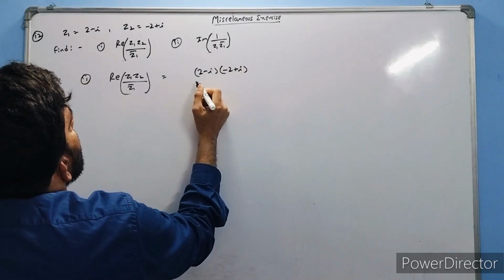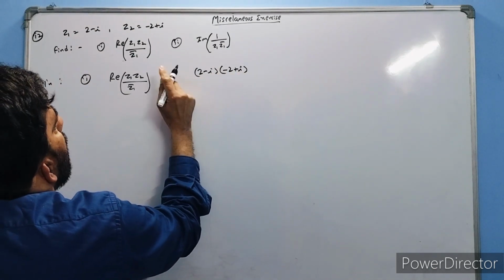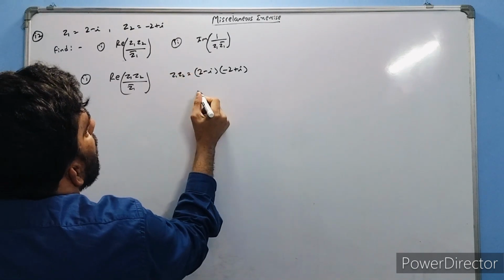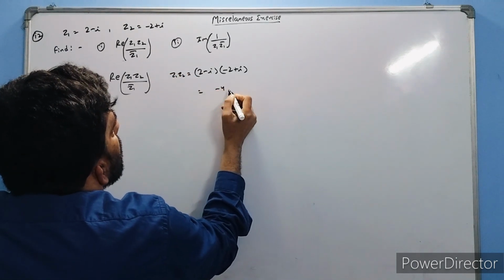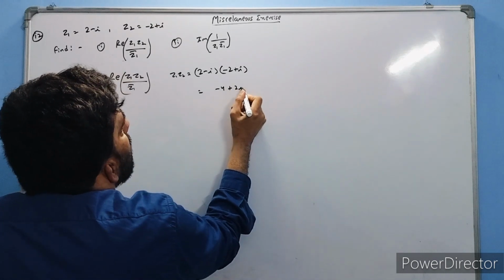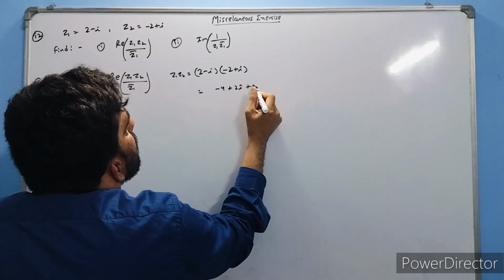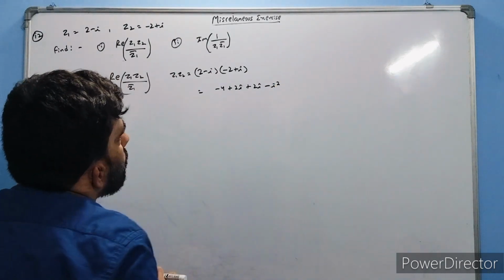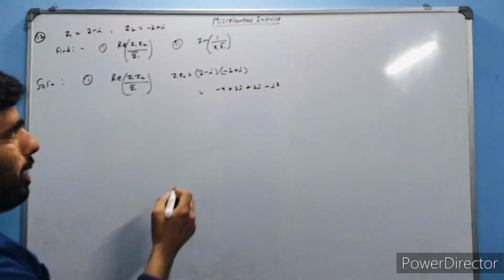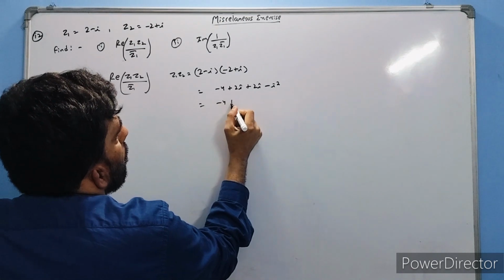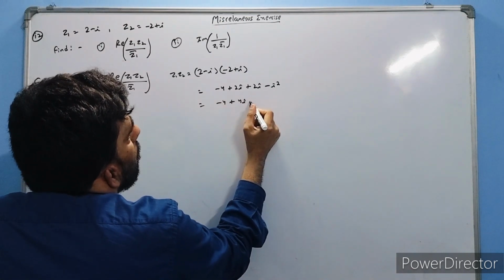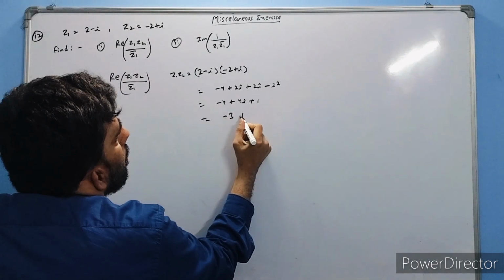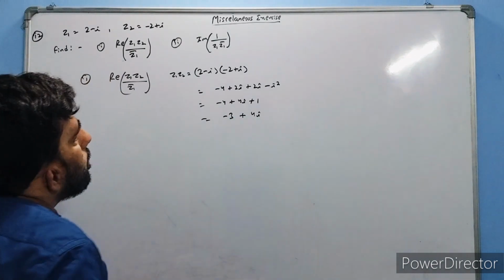Let us try to find z1 z2 first. So we have minus 4 plus 2i, plus 2i, minus i square. So we'll have minus 4 plus 4i minus i square, minus 1, so plus 1. So we'll have minus 3 plus 4i.